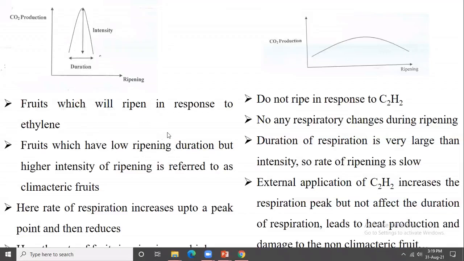That ethylene induces the production of some enzymes, and the function of those enzymes is to degrade some fruit parts. That's why CO2 will be released, so CO2 is released and heat will increase automatically. Respiration releases CO2 and heat increases. That's the reason. Okay, you can write it.